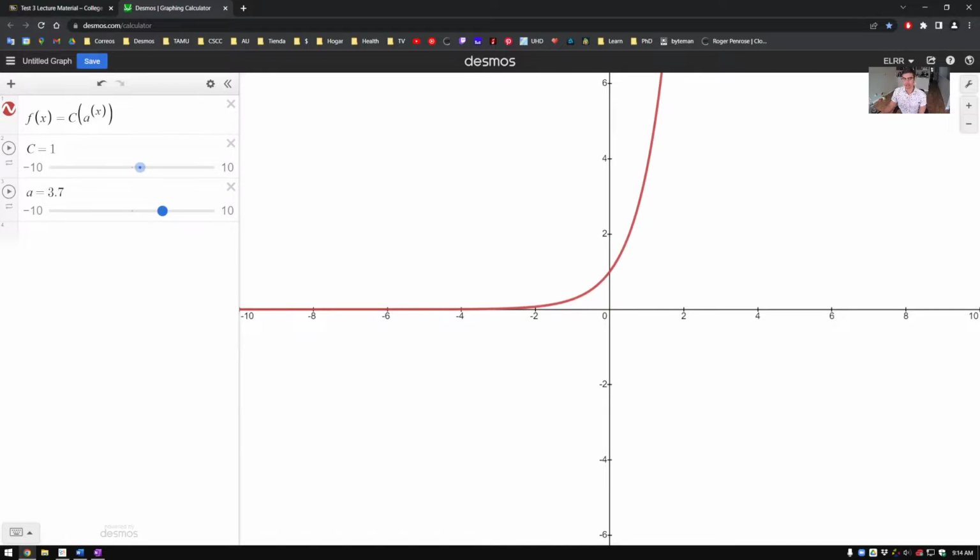Exponential behavior is something that is very used when we speak outside of the math environment. Sometimes you will use the phrase, it went up exponentially. That means that it increased very fast.